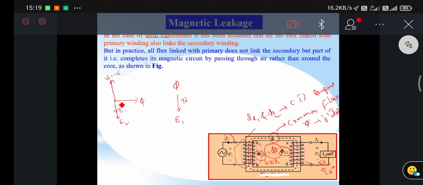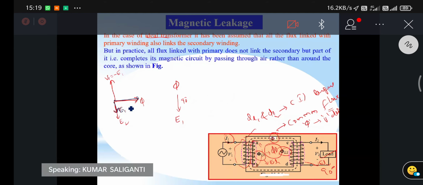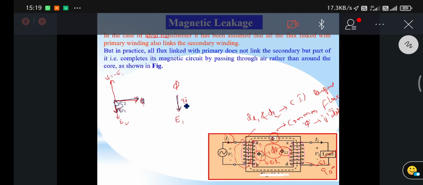With the help of the main flux, we are getting E1. But due to the current I1, there is the flux pi L1.